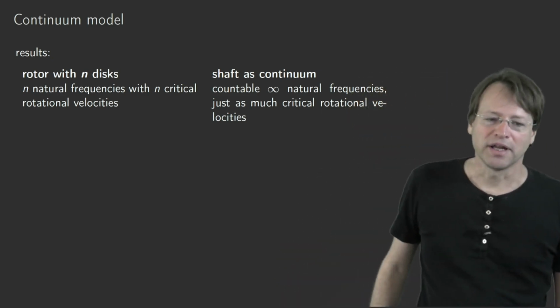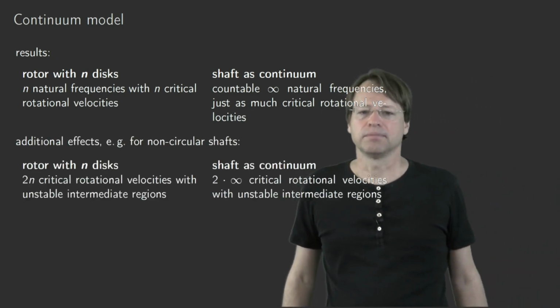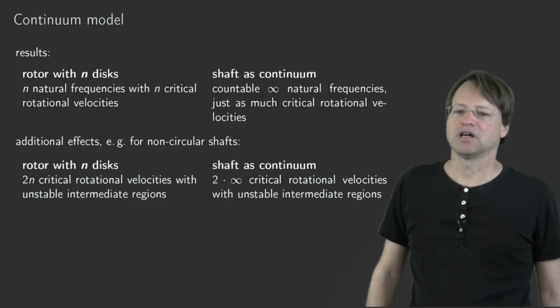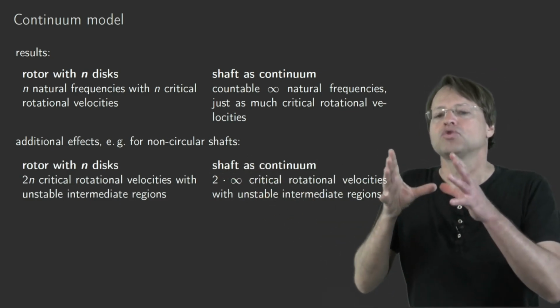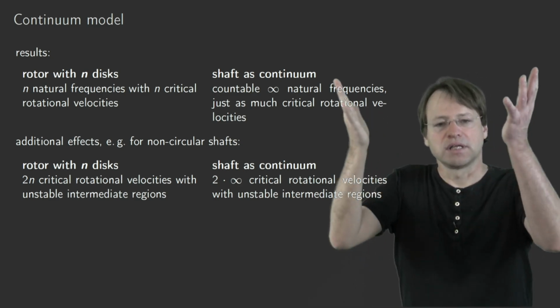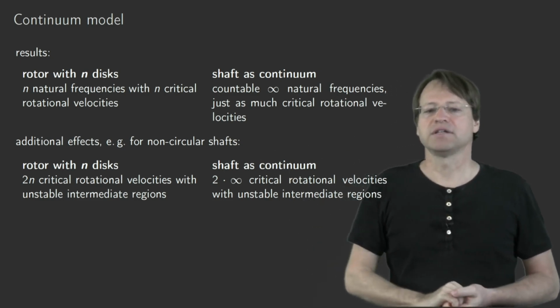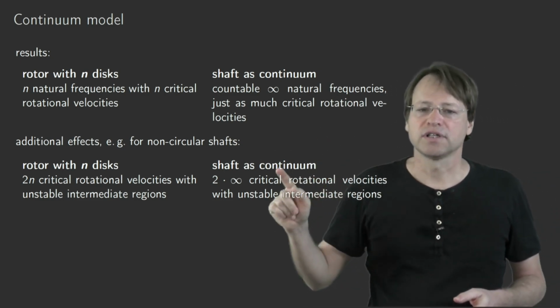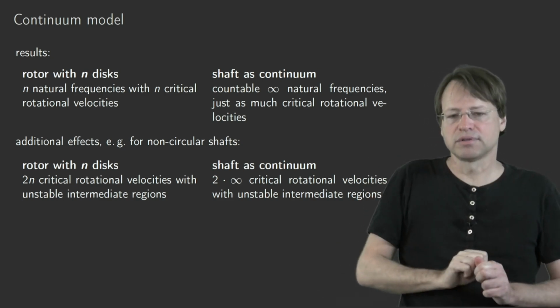Okay, how about additional effects? So, for example, if we have a non-circular shaft, then we have, for a rotor with n disks, 2n critical rotational velocities with an unstable intermediate region in between. We've discussed this for the multi-disk rotor. So for a shaft as a continuum, think again of these natural numbers.